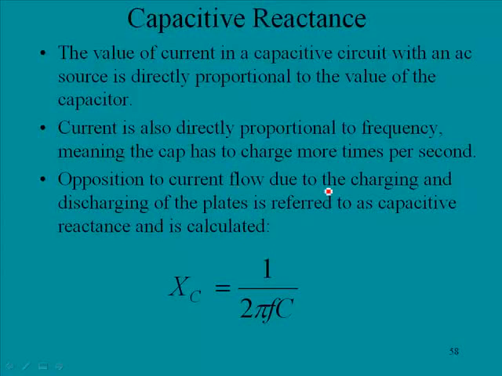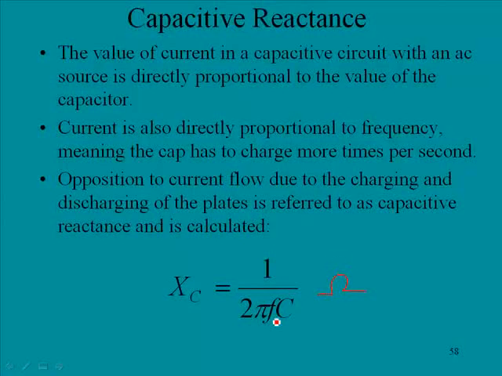Opposition to current flow due to the charging and discharging of the plates is referred to as capacitive reactance, and it is calculated like this: 1 over 2 pi times frequency times capacitance. And this value, like with inductive reactance, is measured in ohms.